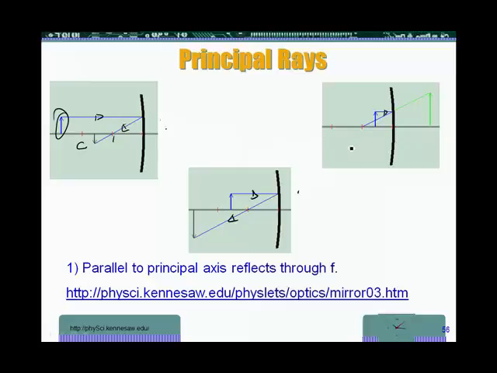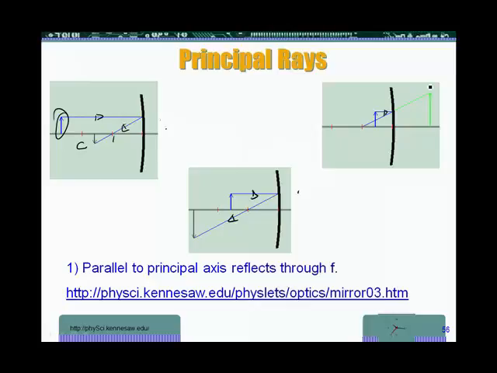It's to the left of the object. No problem. All we have to do is, for the reflected one, make it go through the focus again. Now, that beam is going to look like it's coming from behind the mirror. Okay, but we'll get back to that later on.